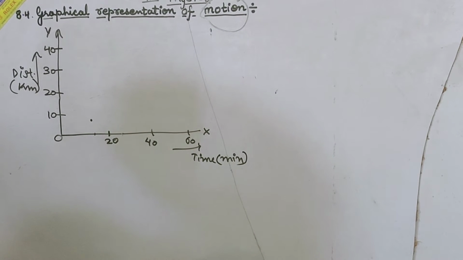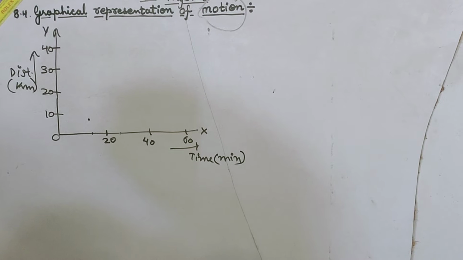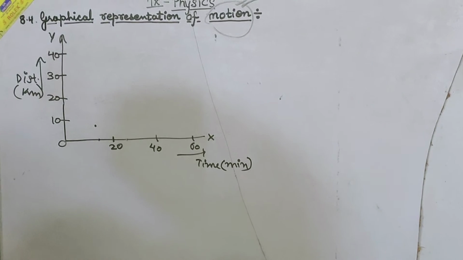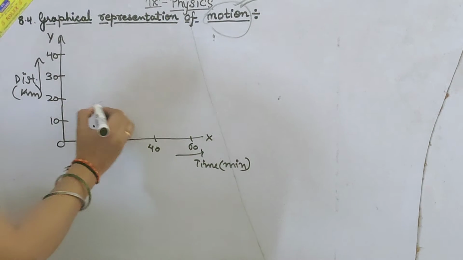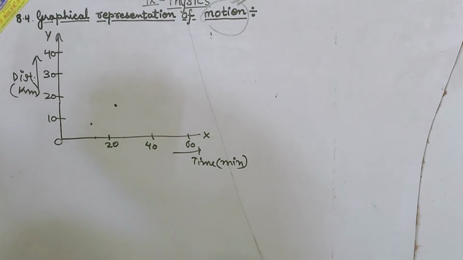At 25 minutes the distance reaches up to 19, again 1 point less than 20, so it might have covered 19 kilometers.